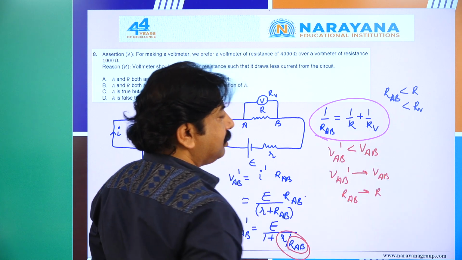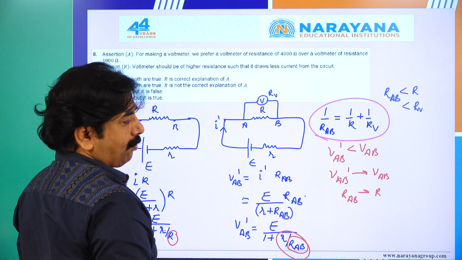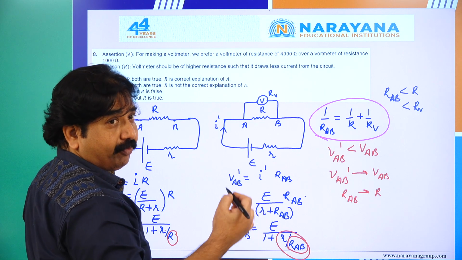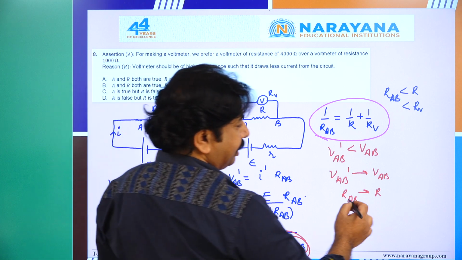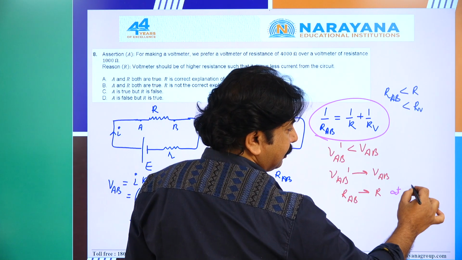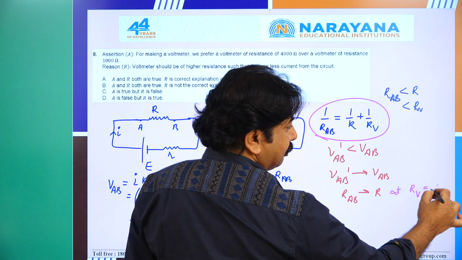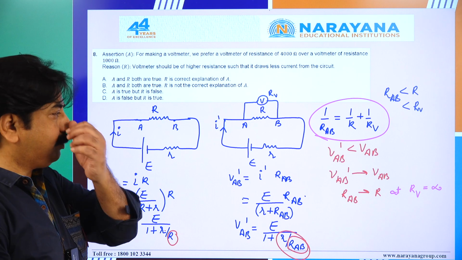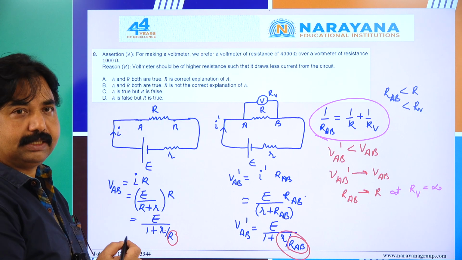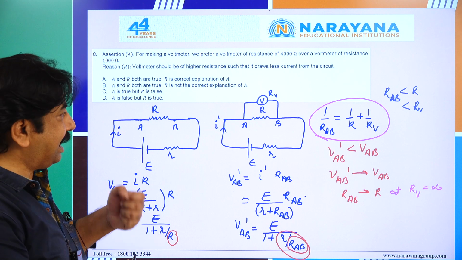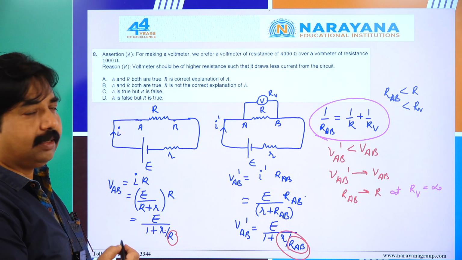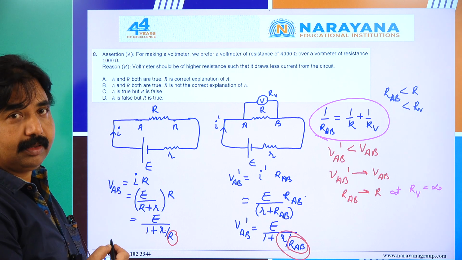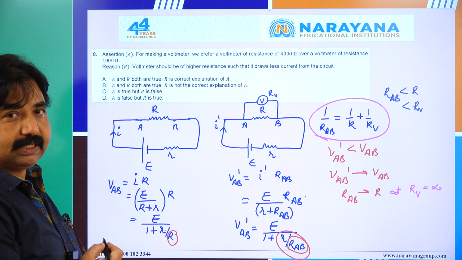RAB tends to R when RV is at infinity. RAB tends to R only when RV is equal to infinity. That's why we have the statement also: for a large resistance of the voltmeter, we can calculate the accurate values of the potential differences.